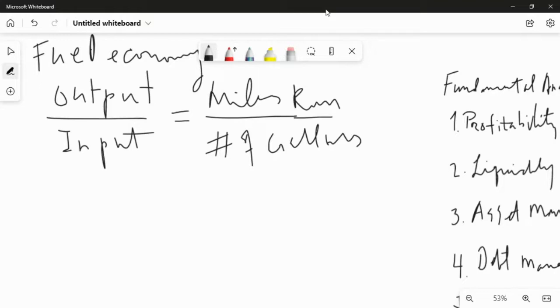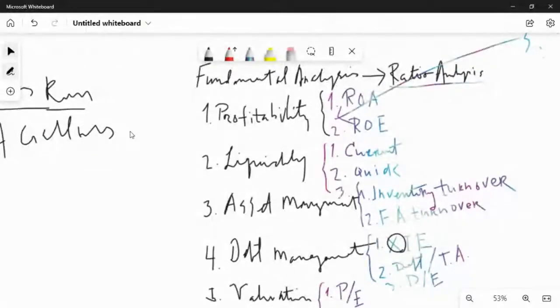That's efficiency, right? And of course, fuel economy is something that would be the first priority you would consider in buying a car. But think about it. All of these ratios are like output to input ratios, probably except the liquidity category.